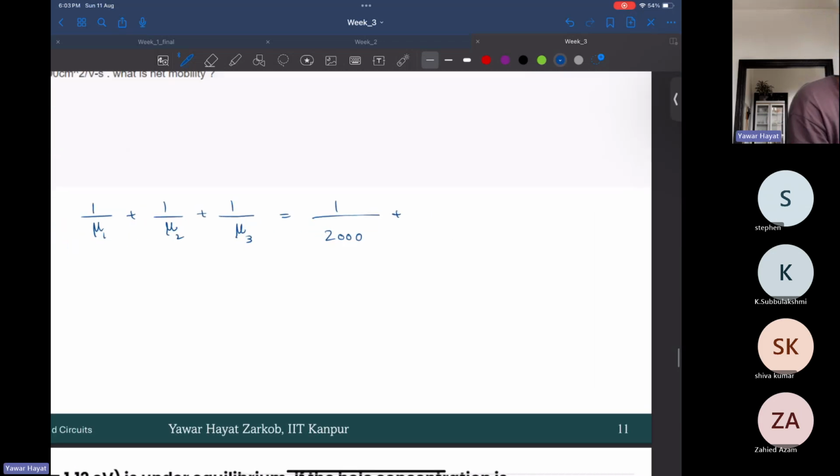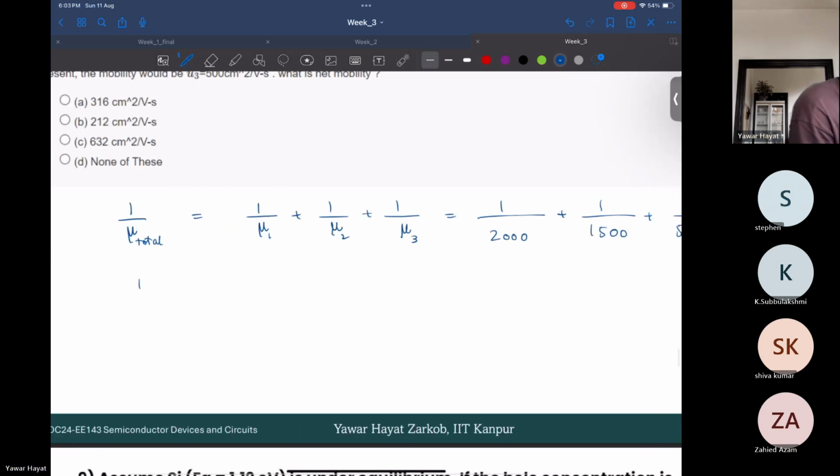So let's not change the units. 1 by 2000 plus 1 by 1500 plus 1 by 500, right? So which is 1 by 500 into 1 by 4 plus 1 by 3 plus 1, right?